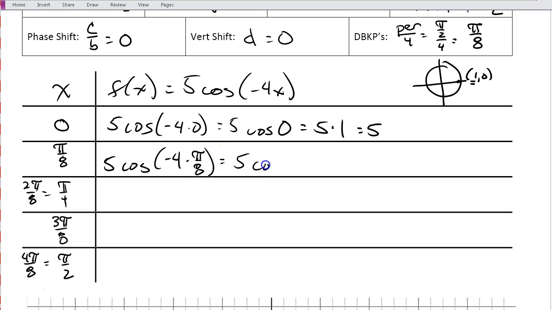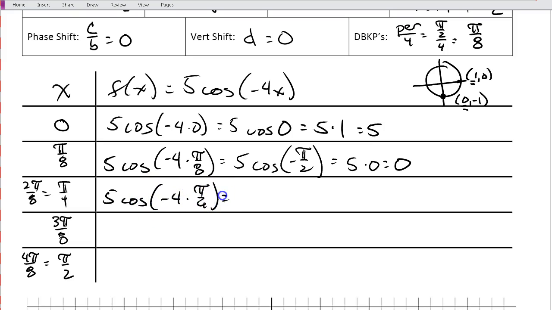So I have 5 times the cosine of negative pi over 2. This whole thing simplifies to negative pi over 2. So negative pi over 2, we're going to be down here. We're just going around the circle backwards. So that's 0, negative 1. My cosine is 0, so that's 5 times 0, which is 0. And then I have 5 cosine negative 4 times pi over 4, which is 5 times the cosine.